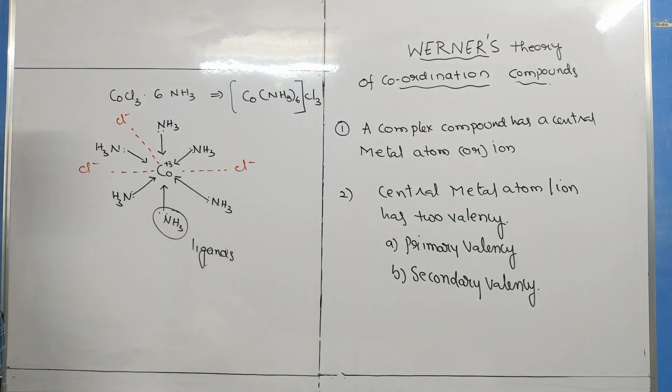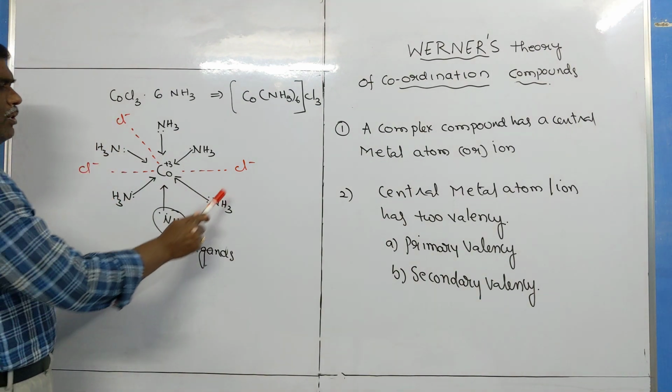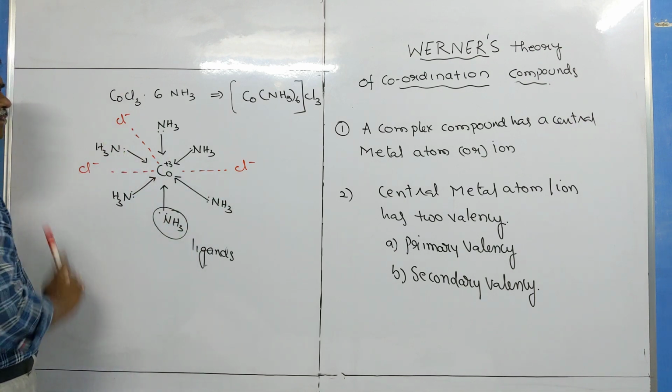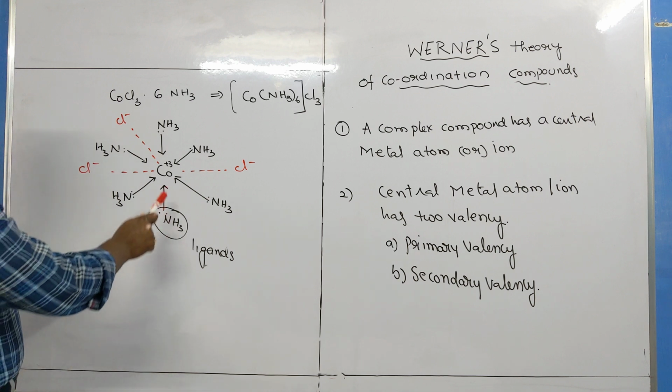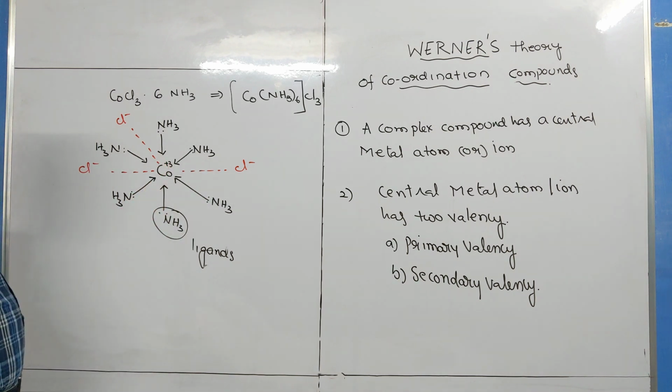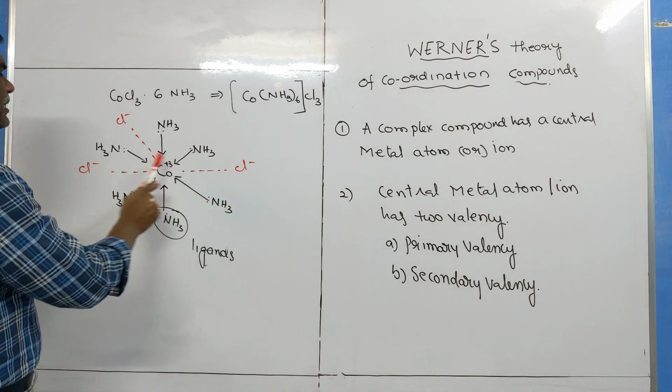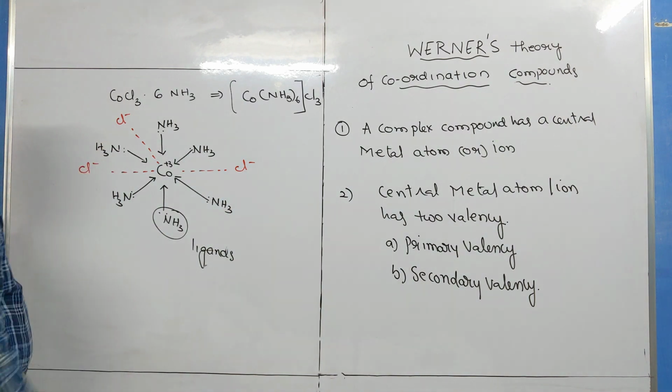Tell me, in this compound: 1, 2, 3. 3 chlorides are satisfying the primary valency. Primary valency is equal to the oxidation state. Primary valency is satisfied by negative atoms or ions, negatively charged ions or negatively charged species.